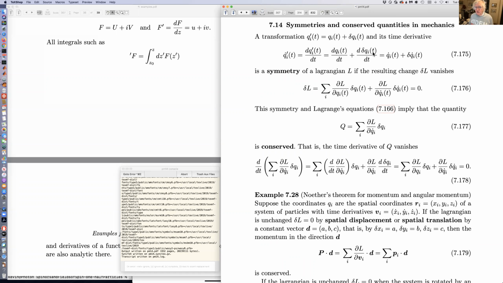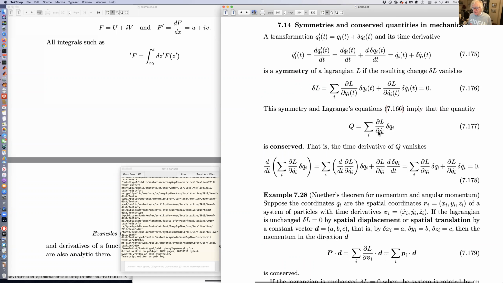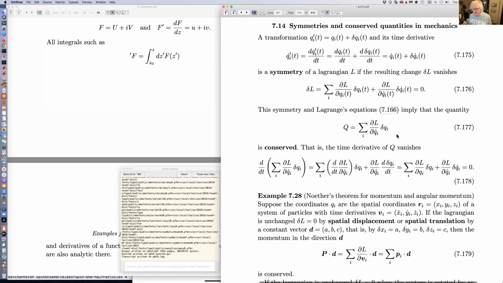So in other words, we have a symmetry transformation, delta Qi of t, and so at any moment in time, Q is this thing, where there's delta Q. So we take the time derivative of that, we get the time derivative of the first term times the second plus the first times the time derivative of the second.